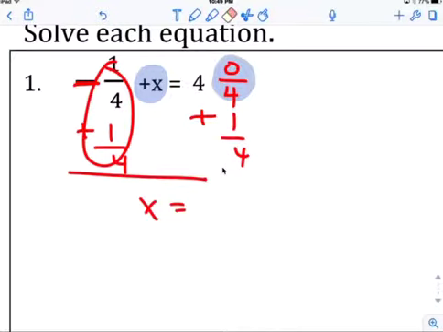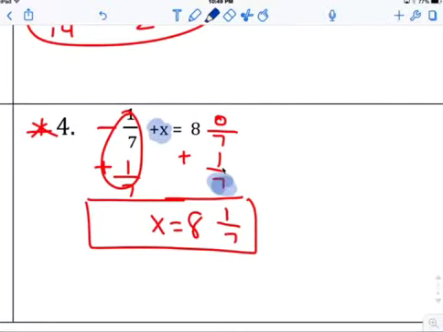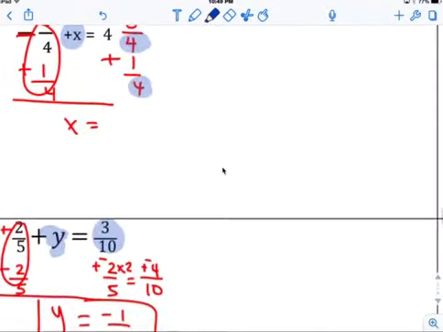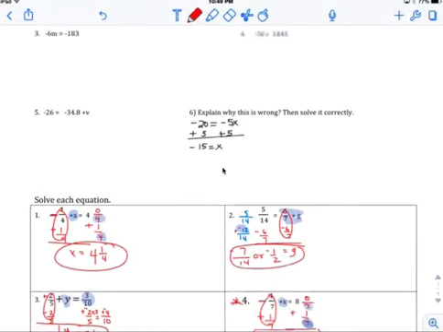I'm using 4 because this denominator here is 4. You want the same denominator just here. I use 7 because the denominator is 7. Okay, so you add and you get 1 over 4, and with a whole number 4. And that's your answer.